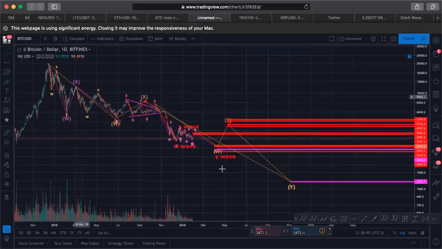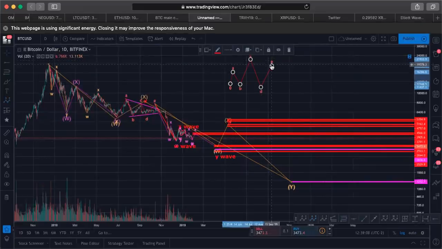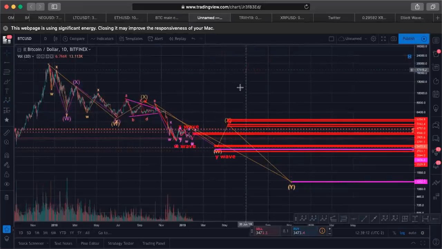So what we would essentially do is get another X wave, just like we had here. In any form, an X wave can be any corrective pattern, except for an expanding triangle. An expanding triangle is something that looks like this. That's an expanding triangle there, as opposed to a regular triangle as we see here.